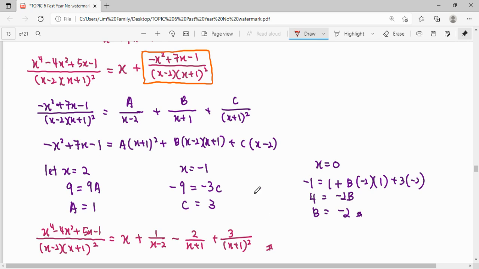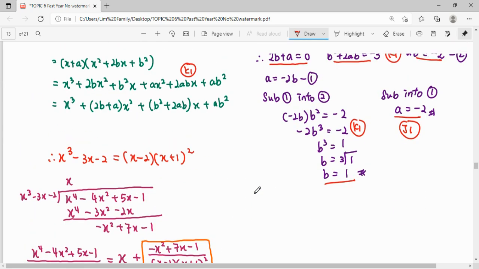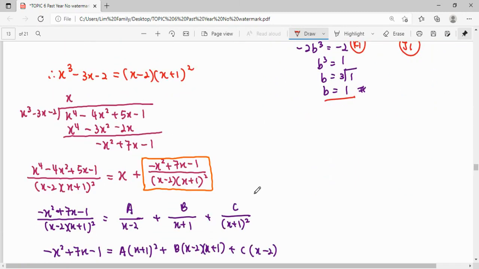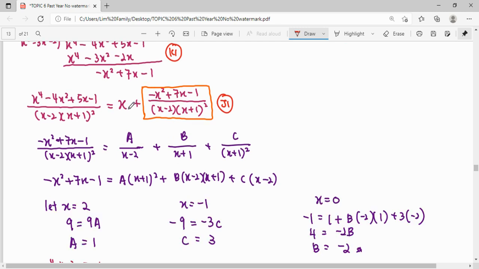So therefore, the most important concept when we doing our expression into partial fraction, the first one will be our first step. How do we get proper fraction from improper fraction, which is the concept of long division. To count out this answer, then we can see this is the part that will be going to express in partial fractions.